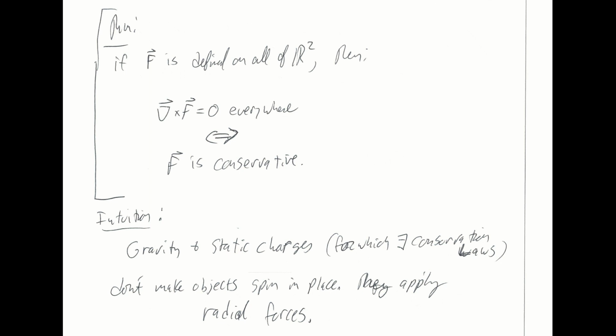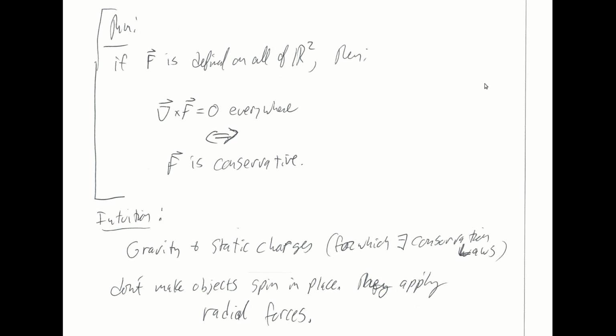In general, the types of physical phenomena where we have conservation laws are the types where radial forces are being applied, and they don't generally cause objects to just start spinning in place. They instead cause objects to move towards or move away from the source of the force.